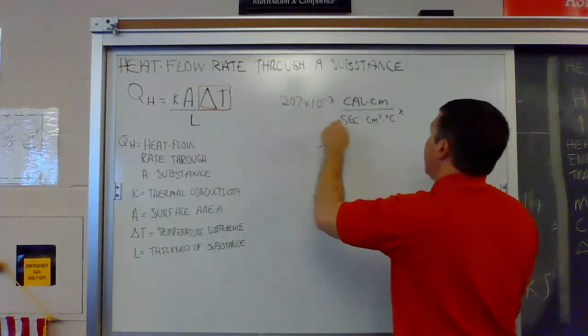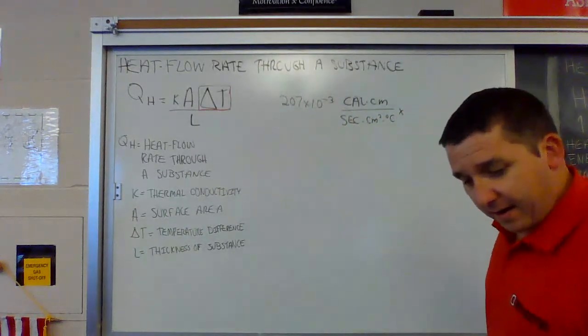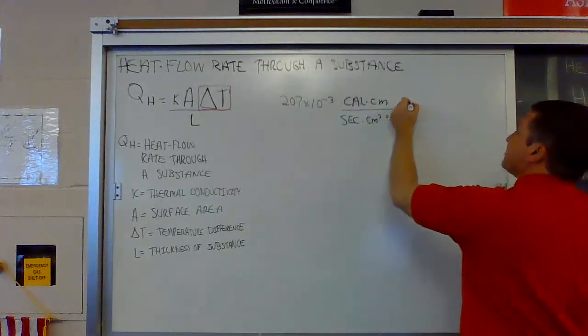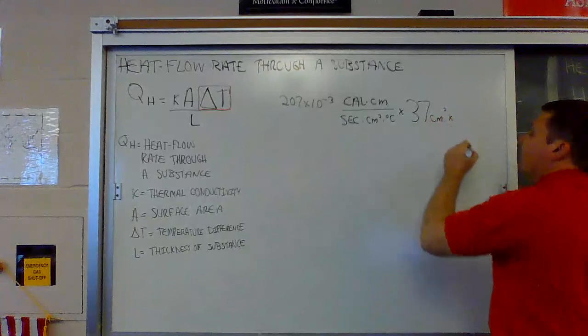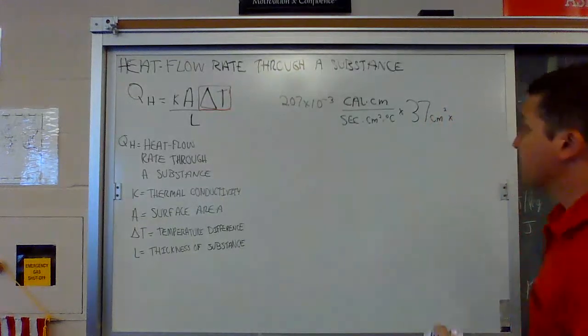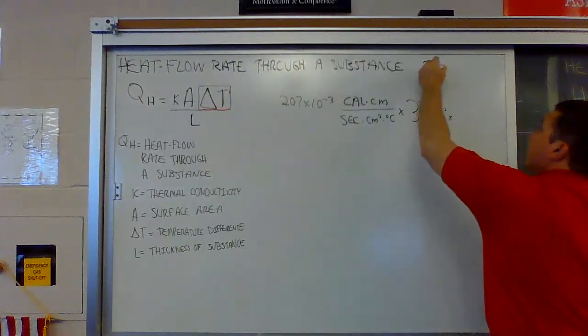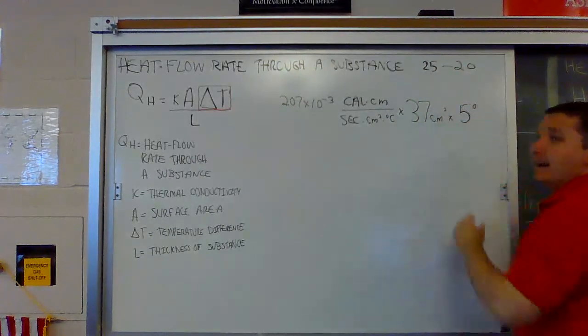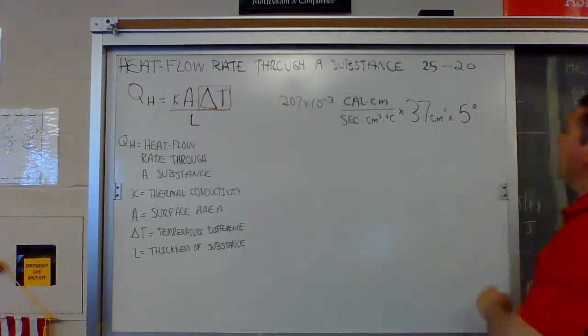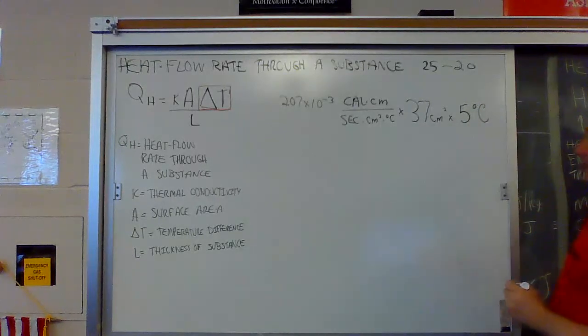Again, this is from the chart. We're going to multiply that by the area, which, as it's shown there, is 37 square centimeters. And then you have your temperature difference. Well, again, it was 25 on one side and 20 on the other, so you subtract the two, because we're looking for the difference, and we get 5 degrees Celsius.